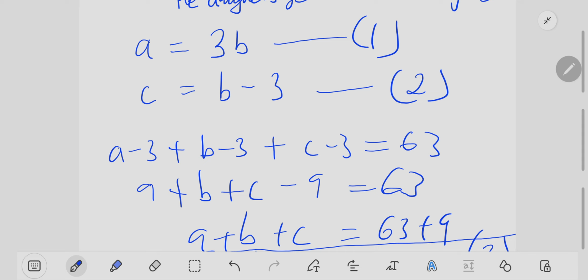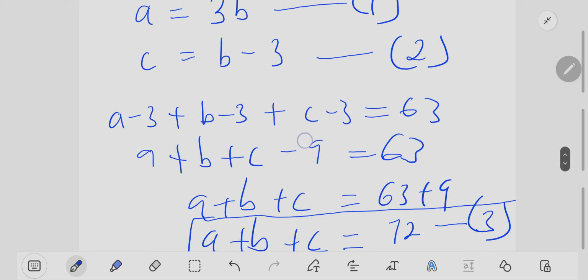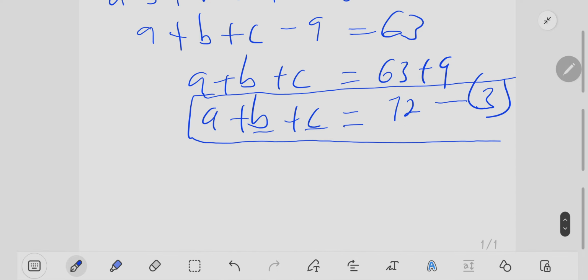From equation 1 we can see that A equals 3B. If you have to make B the subject, from equation 1, B is going to be A over 3.